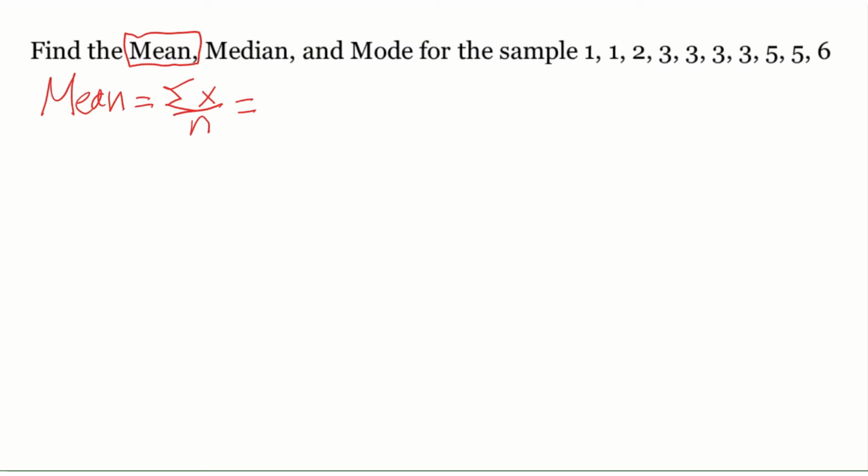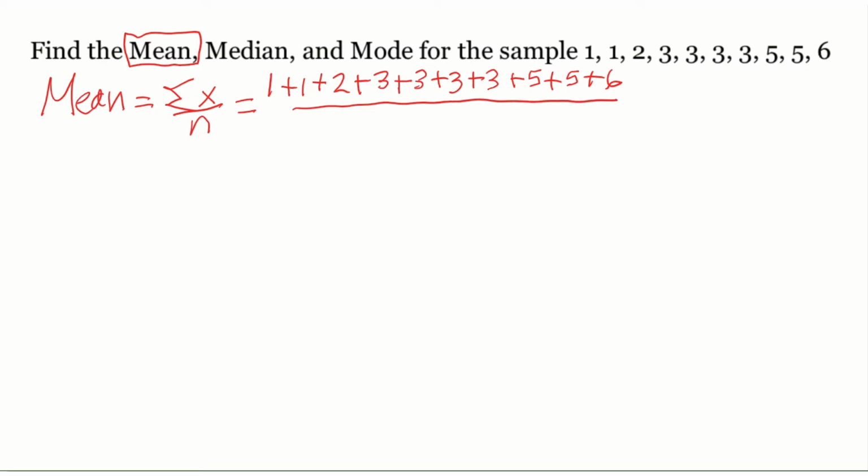So to get the summation of the data points, all that means is we're going to take all of these data and add them together. So that's going to be 1 plus 1 plus 2 plus 3 plus 3 plus 3 plus 3 plus 5 plus 5 plus 6, all divided by the sample size.